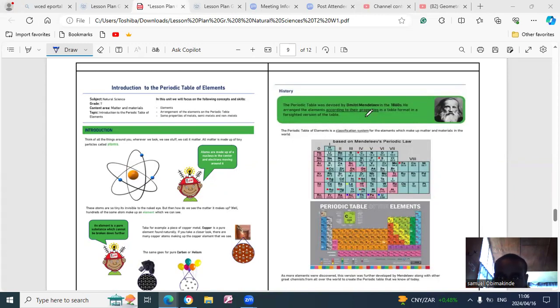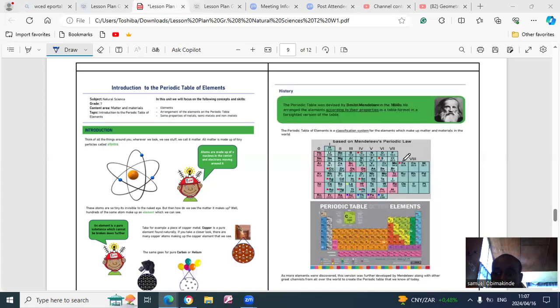So this is the picture of Dmitri Mendeleev, right? And he arranged the elements according to their properties in a table, an early version of the periodic table. During Mendeleev's time, not all the elements were known, right? But he arranged the elements in such a way that he predicted the properties of elements that were not even known at his time.